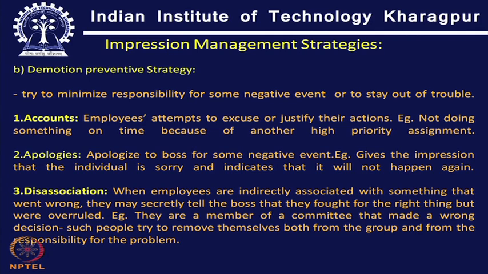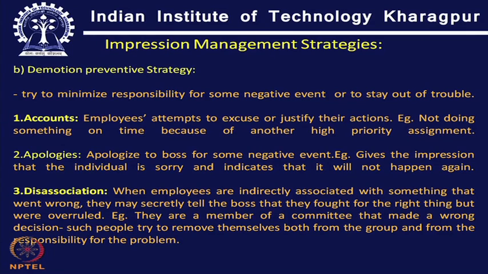So actually I am not the person who can be blamed for any wrong happening, because I tried my best to speak about the right thing, but because other more powerful people, or people with different intentions, were there, I didn't get the positive outcome. In that way I give the impression of dissociating my name from the negative outcome and the onus of responsibility for it. So, these 3 are demotion preventing strategies.